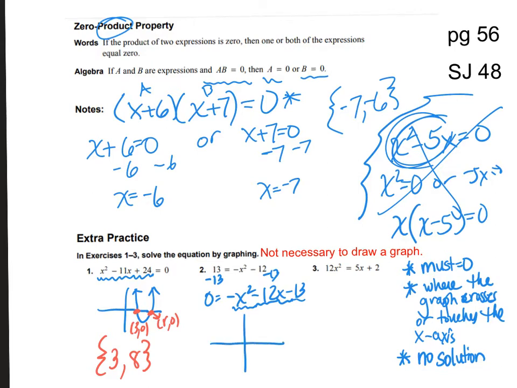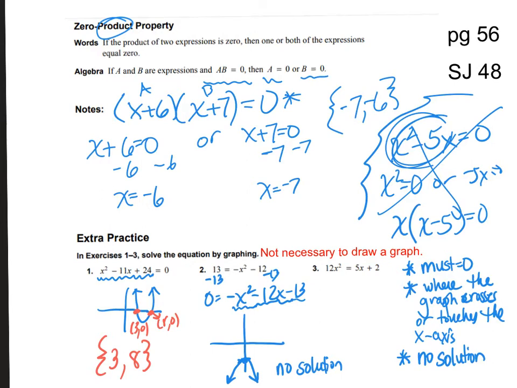And you will see that the y-intercept of this graph is way down here. So it does not cross or touch the x-axis. So that means this one is no solution. Honestly, I can tell you it means it's no real solution. There are solutions for this, but they're not real.